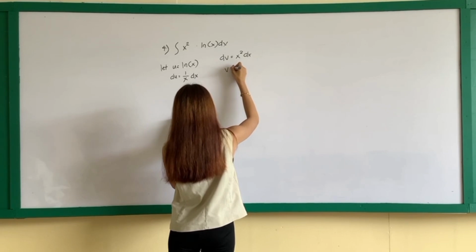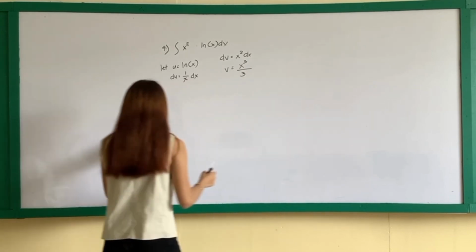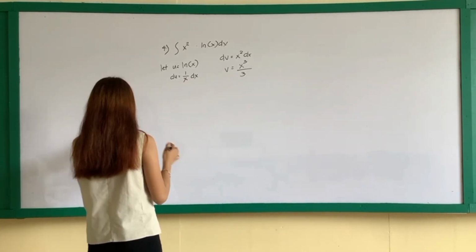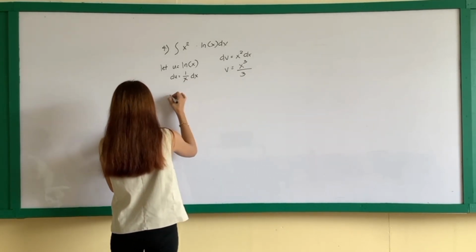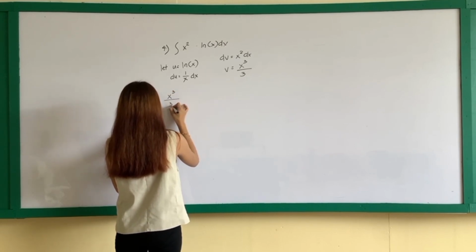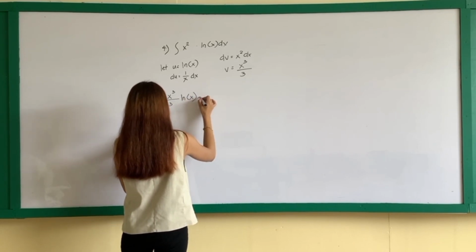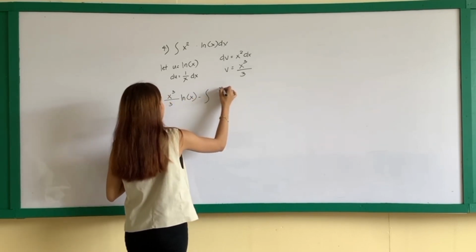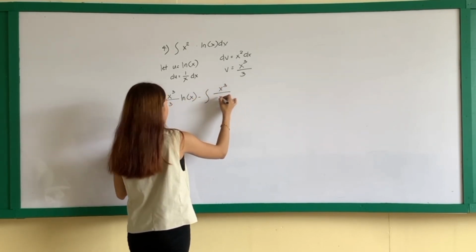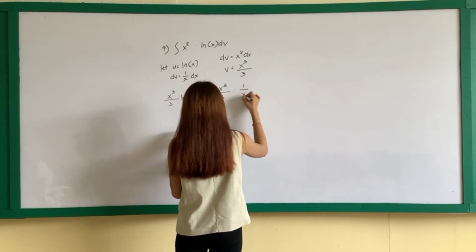And v is x cubed over 3. Now plug it into the formula. So we have x cubed over 3 ln x minus the integral of x cubed over 3 multiplied by 1 over x dx.